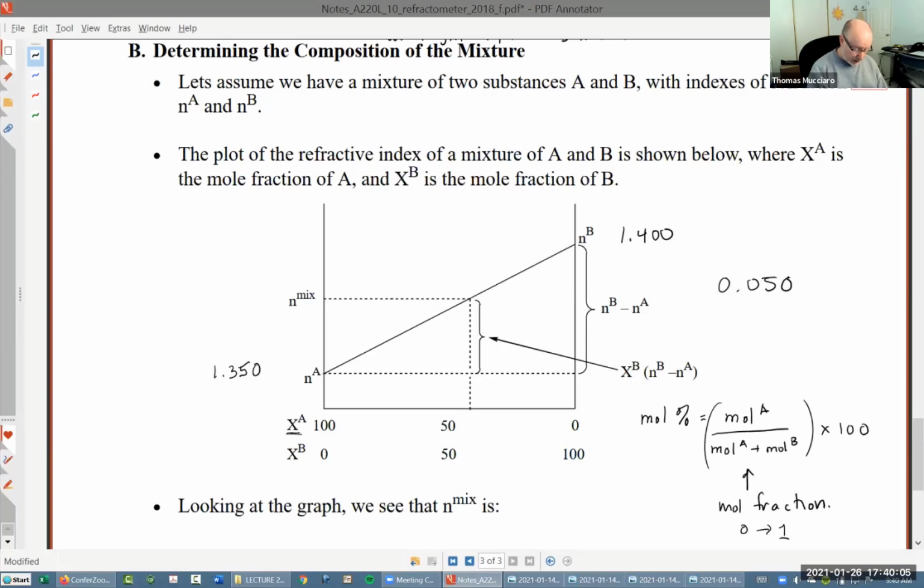And it turns out that if we're, for example, at 50%, we're going to have started at our lower number and moved up exactly 50% of the distance between them. So what does that mean? Well, here's the distance between them. It's n of B minus n of A.